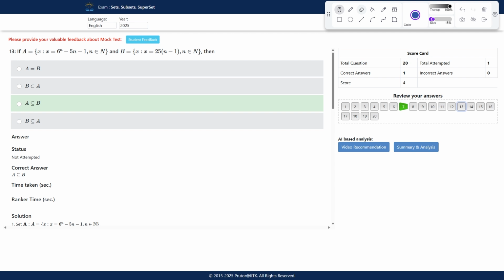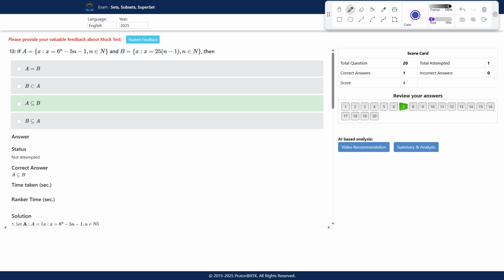Please try. Just write down the first 4 to 5 elements. I think 4 would be enough. Write the first 4 elements of both sets. You will get the idea which one is the superset and which one is the subset.